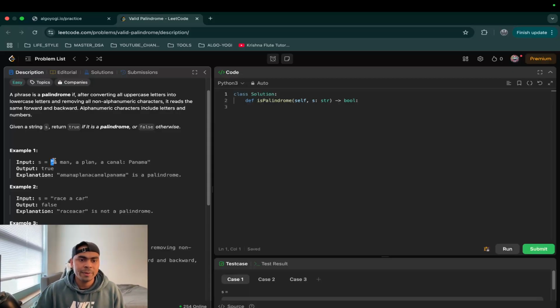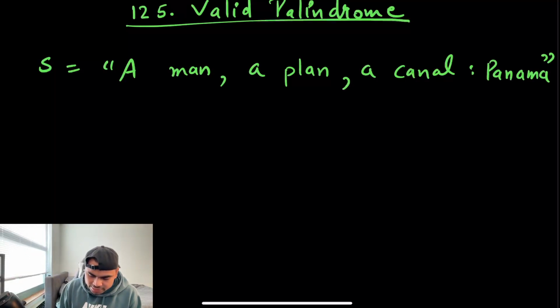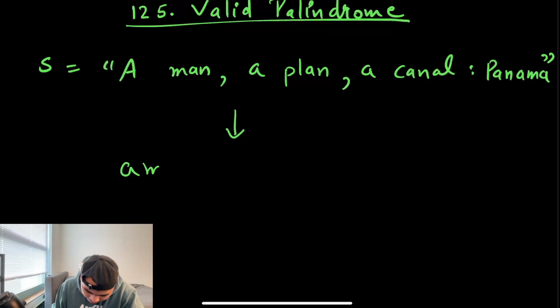Let's see what they're actually asking us. This is our first example, and we're going to check if it is a valid palindrome once we get rid of all the non-alphanumeric characters and convert everything to lowercase. If we do that, it becomes A, removing the space, MANAPLAN, and you can see this is where the plan ends.